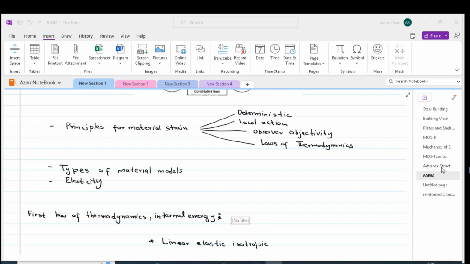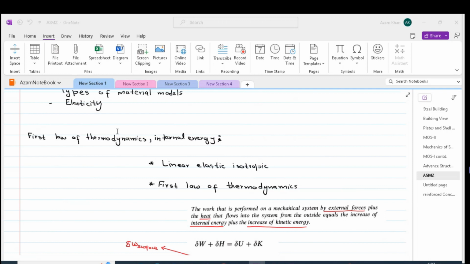Now it doesn't matter whether we apply P1 to P4 at a time, or we apply P1 to P4 sequentially starting from P1 and ending at P4, or we apply P4 first and then P3, then P2, and then P1. So in the case of elasticity, the sequence of the loads doesn't matter. That tells us that in elasticity, we have path independence.